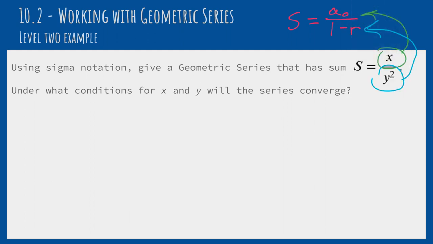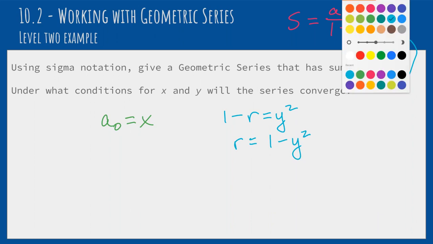So if we say a is the first term, we can say a naught is x, and then we'll have to set up an equation here. 1 minus r is equal to y squared. And if we do that, we want to solve for r. We get r is equal to 1 minus y squared.